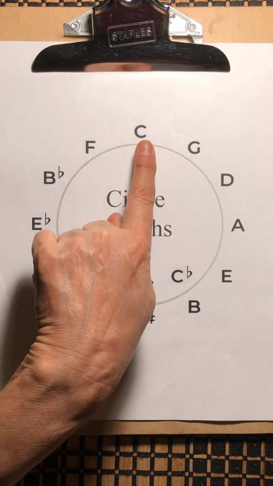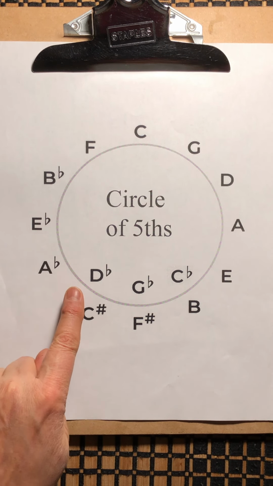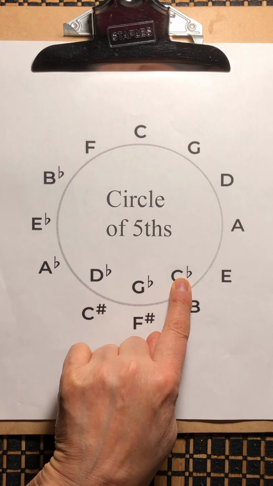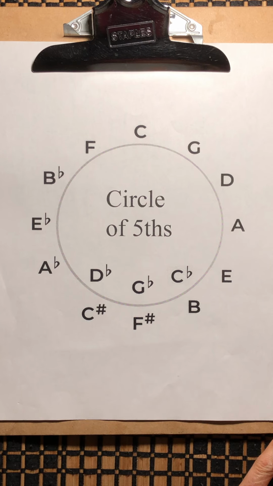As you go down the left side, you will find key signatures with the flats. We have created a sentence with the first letter of each word to represent each accidental that we add for each key signature. We'll go on with that in just a little bit.